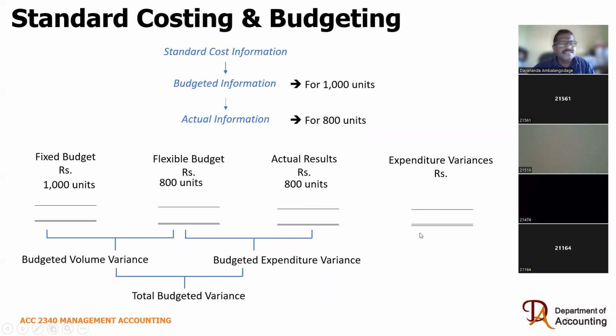So there will be a budgeted volume variance and there will be a budgeted expenditure variance. So basically the total budget variance consists of volume variance plus the budgeted expenditure variance. Is it clear?